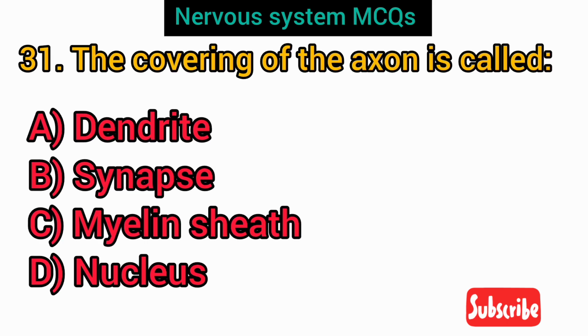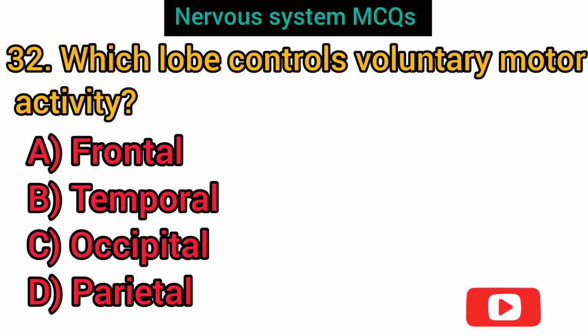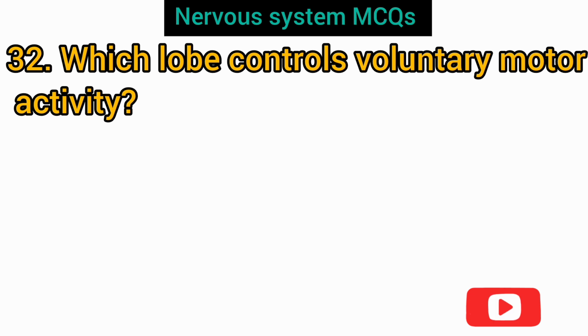The covering of the axon is called myelin sheath. Which lobe controls voluntary motor activity? Frontal.